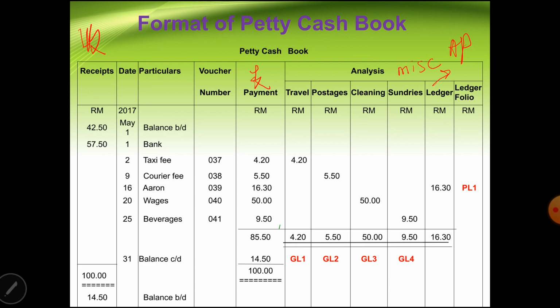Okay, so for ledger, it's mainly used for the accounts payable. And the ledger folio, you have to assign the number here lah. PL because it's purchases ledger. So PL1, PL2. Okay, like this example, Aaron. Aaron is our supplier. Okay, the person who supplied the goods to us. So maybe since he's the first one, you put PL1. Okay, the rest are all under ledger.